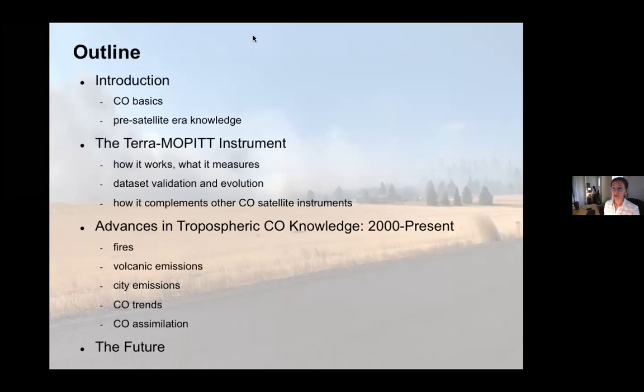I will present some study cases of CO from fires, from volcanic eruptions, city emissions, analysis of trends over a long time, and examples of CO simulations, and then a little bit about the future of CO.